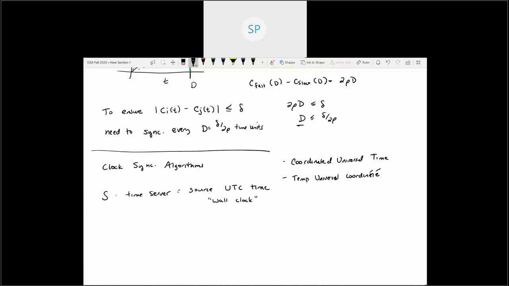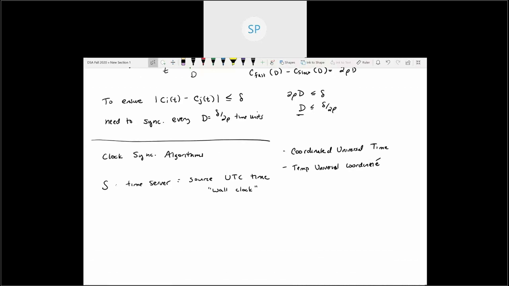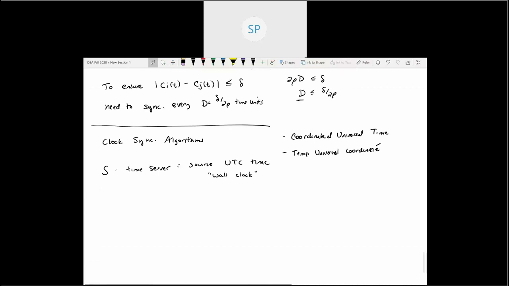So the English speakers wanted the abbreviation CUT, and the French speakers wanted the abbreviation TUC, and so they decided on a compromise, UTC, which means nothing. So there you go. It's just a compromise. Yay for world peace.